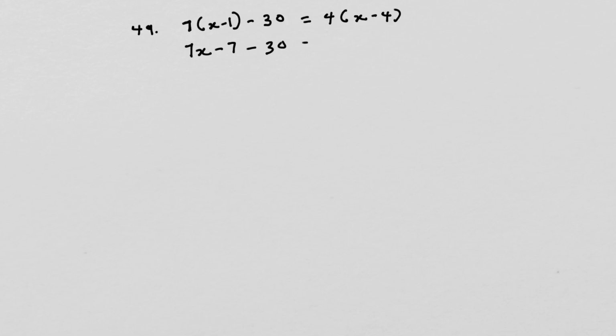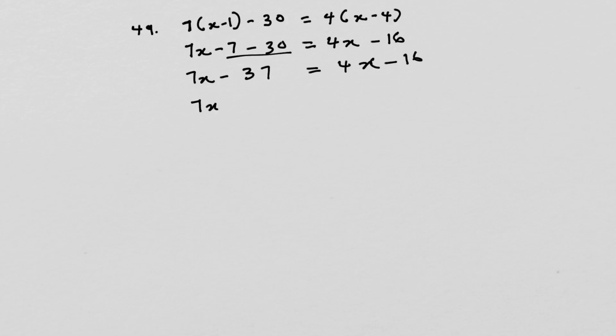We will distribute the 4 to get 4x minus 16. We can add -7 to -30 to get 7x minus 37 equals 4x minus 16.